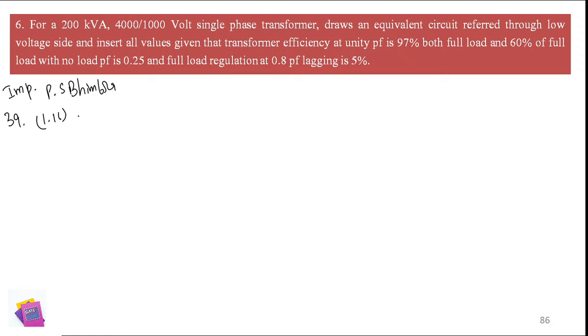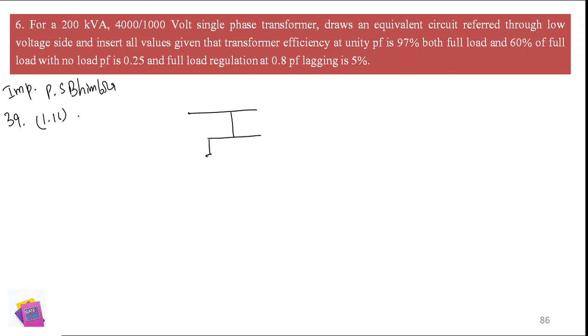So what is the numerical? For a 200 kVA 4000 by 1000 volt single phase transformer, draw an equivalent circuit referred to the low voltage side and insert all values given that the transformer efficiency at unity PF. What you have to do is draw an equivalent circuit diagram of the transformer at the low voltage side.